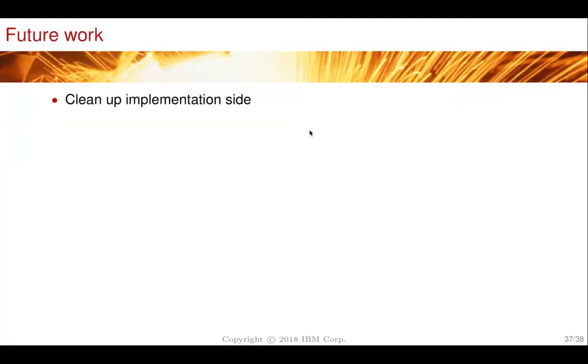So some future work. First of all, we would like to clean up some of the implementation side code. As you've hopefully guessed, it is rather complicated and convoluted, and sometimes it's a little difficult to keep track of where in the loop of a function invocation you are. So cleaning this up will help make things better in the future.